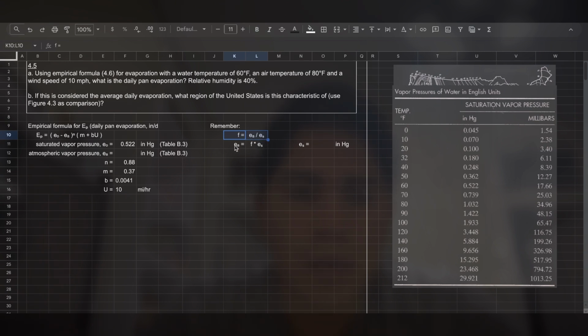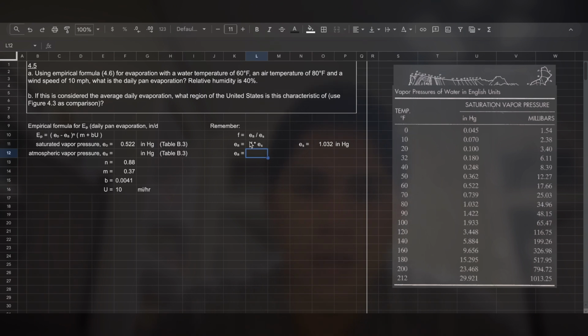But in our case, we need the atmospheric pressure, and the saturated we can find. We're given an air temperature of 80 degrees Fahrenheit. We're going to have about 1.032 inches of mercury.